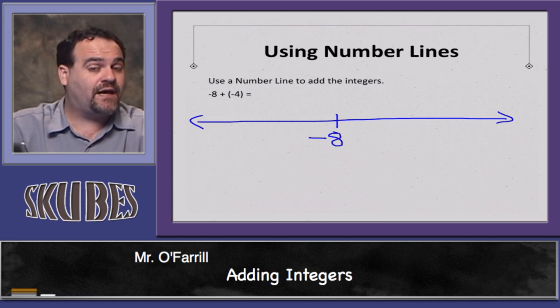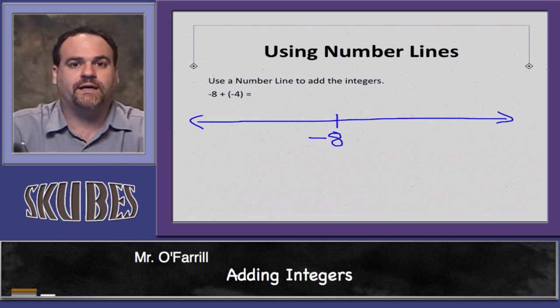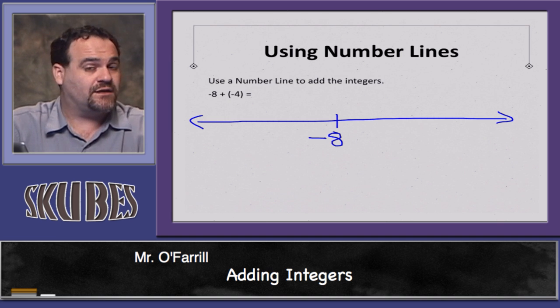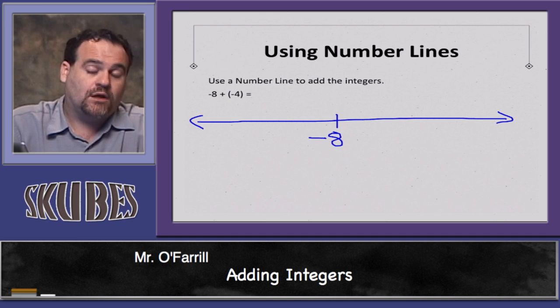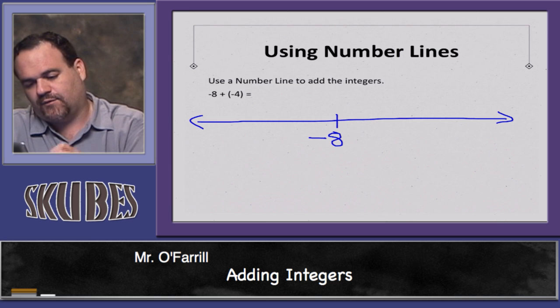So if you were going to the left, but you see a negative, instead of going to the left, you're going to go to the right. And if you were going to go to the right, when you see a negative number, instead of going to the right, you're going to go to the left. So our operation that we see here is addition.